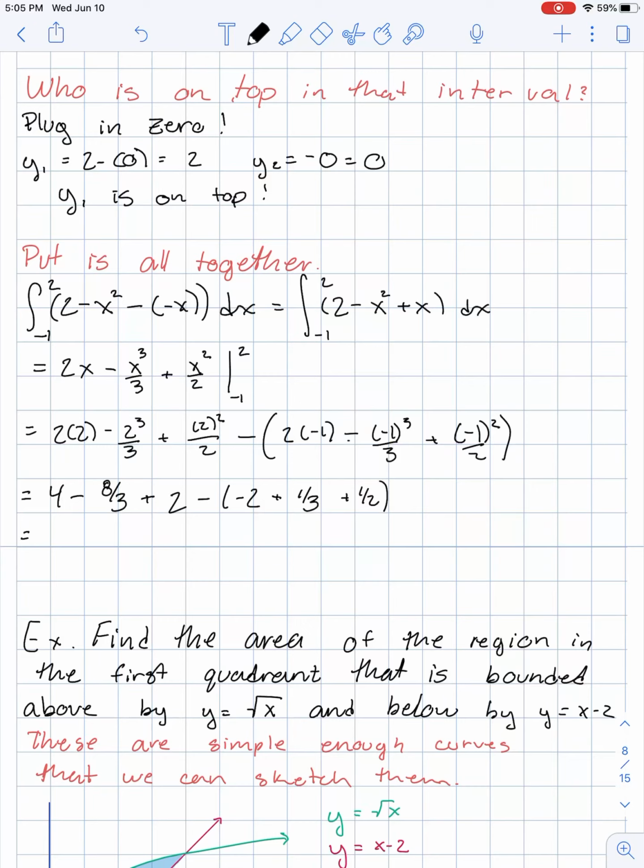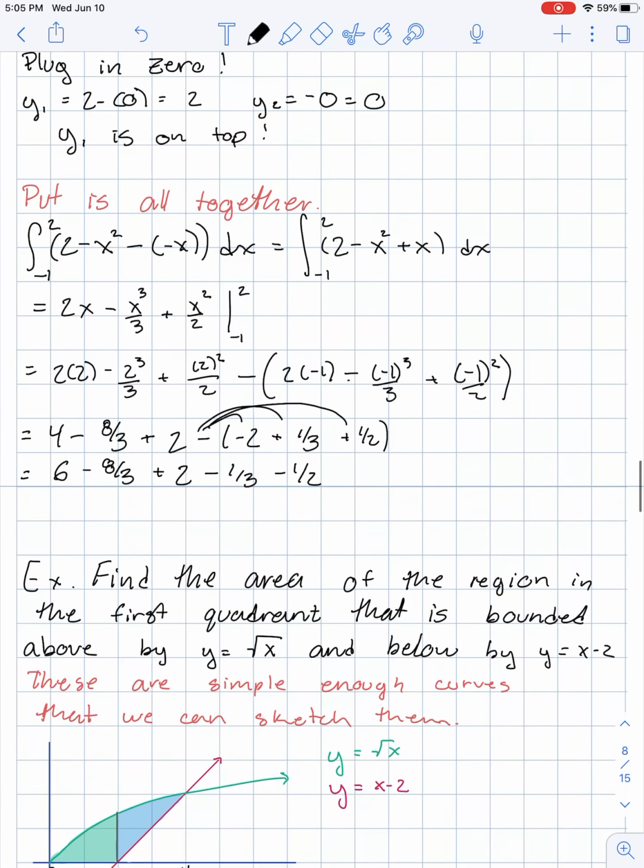Which is the same as 4 plus 2 is 6, minus 8/3 plus 2, gotta distribute my negative, minus 1/3 minus 1/2.